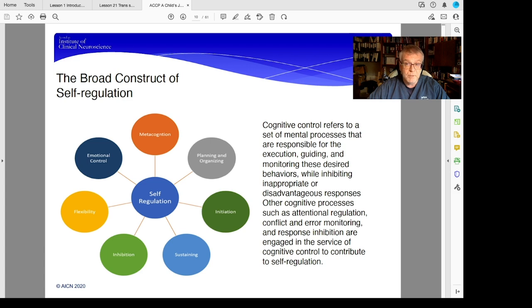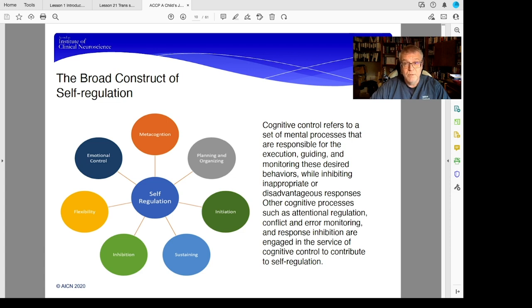So it's very difficult for them to learn, especially in complicated social situations. Okay, so we have to realize that there's a lot contributing to the broad concept of self-regulation.